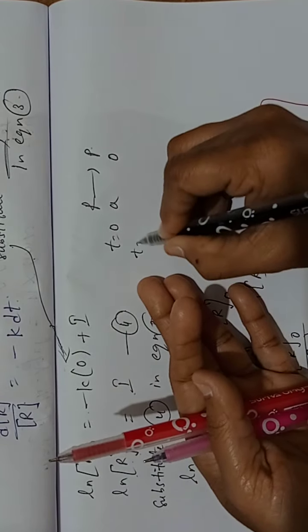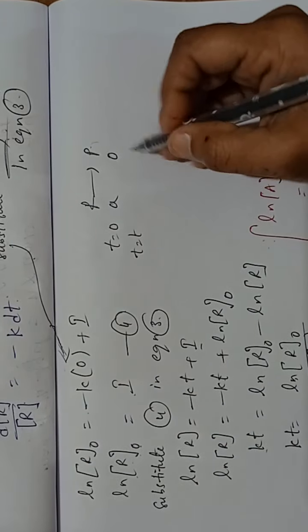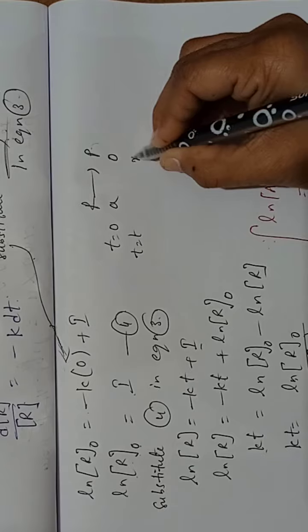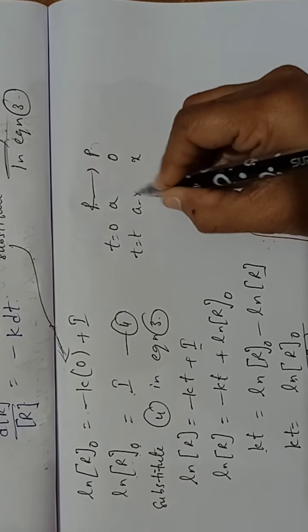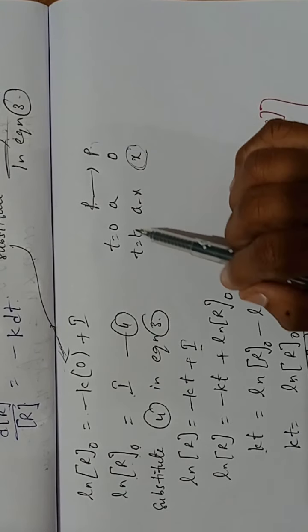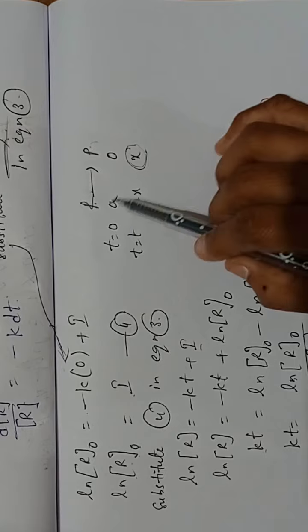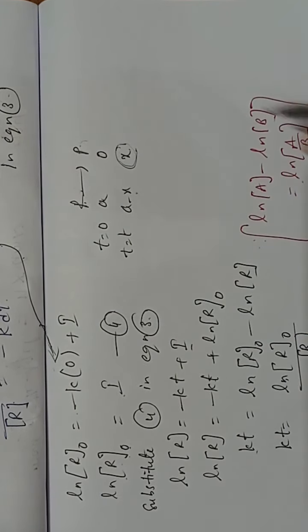Now at time t, what is the product concentration? If x is formed, then the reactant concentration is decreased to A minus x, correct? So when the product concentration x increases, what is the final concentration of the reactant? A minus x you will get. Now substitute these values here, students.